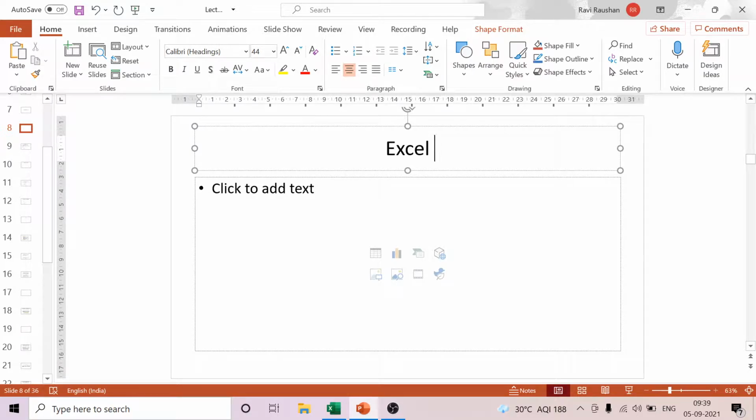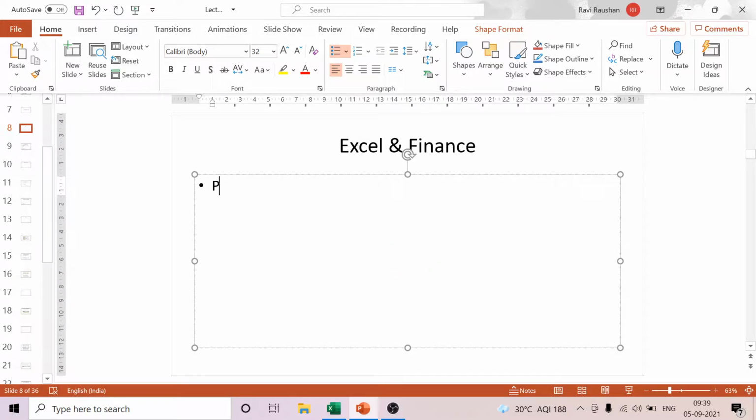So let us say Excel and finance. So see, we deal with broadly two things. One we call the present value. Now, what exactly is the present value? If you have to understand, we are talking about two aspects of financial management. One is called the investment, that is, we are putting some money to get back certain return from the money, or we are taking certain loans, what we call the financing, or anything else, and we are paying a cost of the capital back.